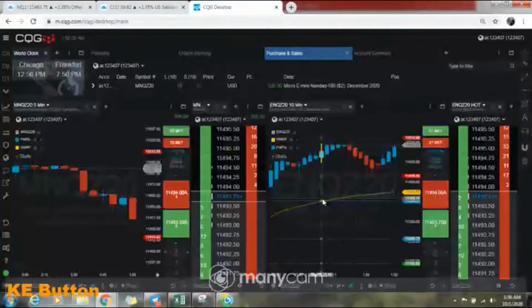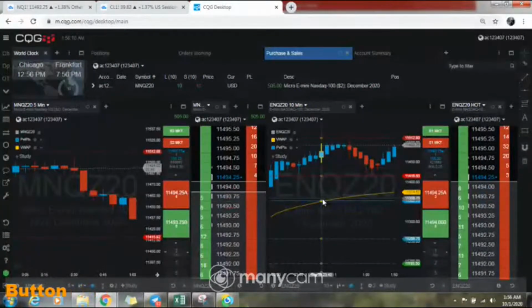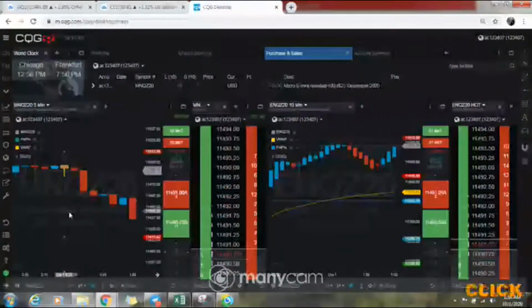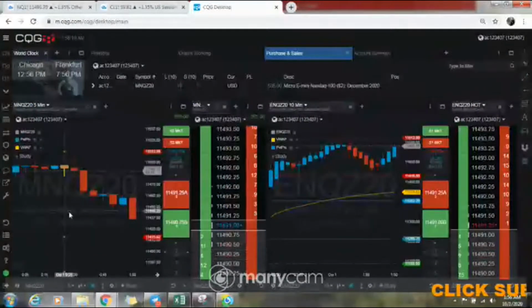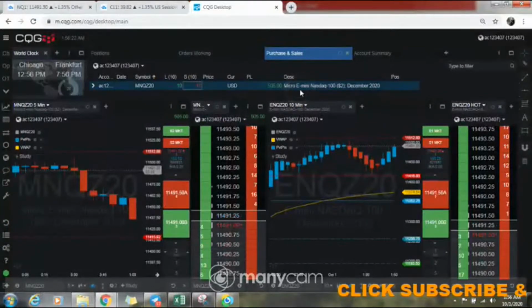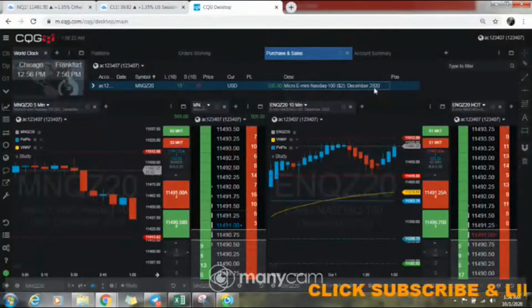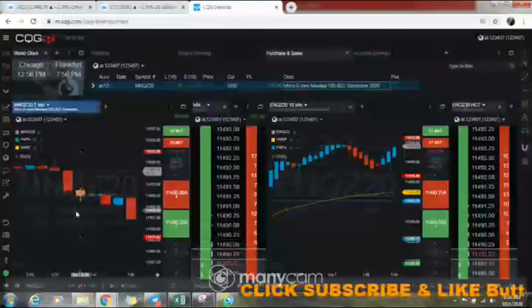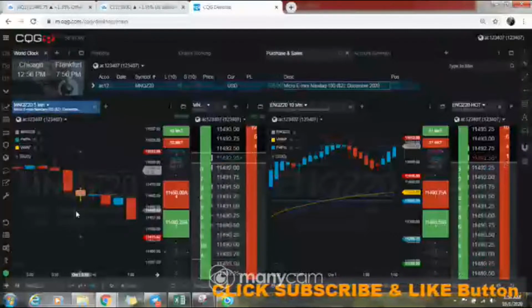For example, 12 position sizing: I will do one position sizing for the mini Nasdaq and two position sizing from the micro Nasdaq. This is how I will do it. But for today, we only did 10 positions from the micro Nasdaq December contract 2020. So there were multiple entries from this account, and we managed to get a good profit.